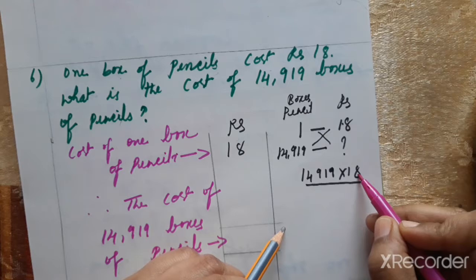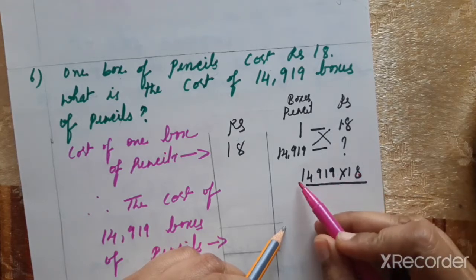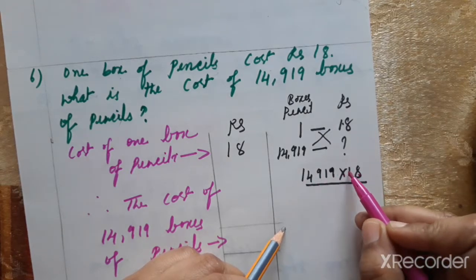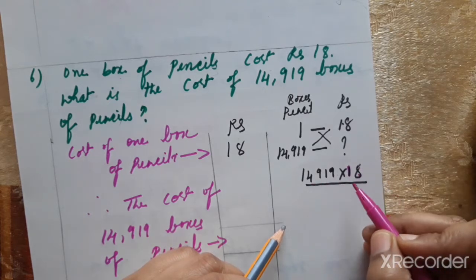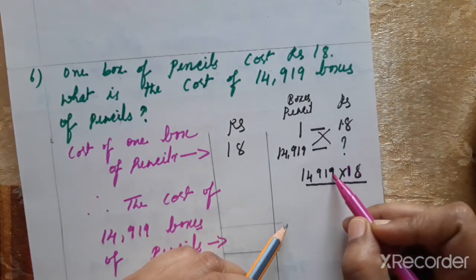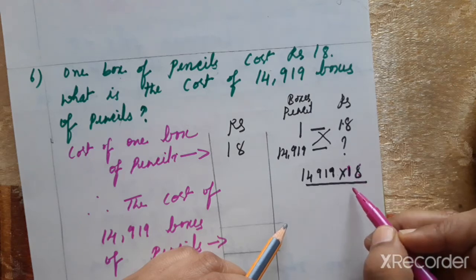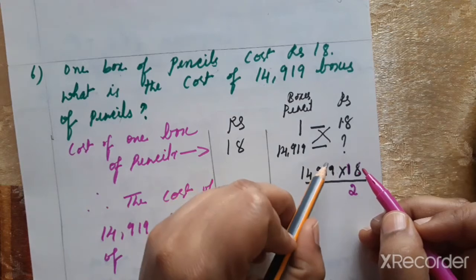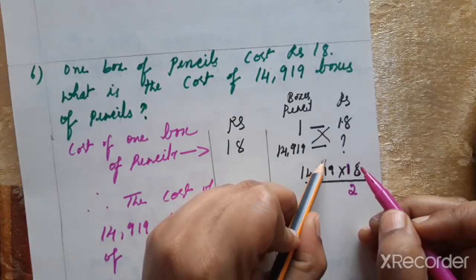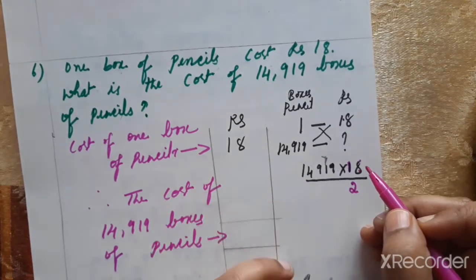Now with 8 we have to multiply each number, and in the second line with 1 we have to multiply each number. So first multiply with 8, children. 8 9s are 72. 72 means the last number 2 we write here, and the 7 we carry over to the next place.